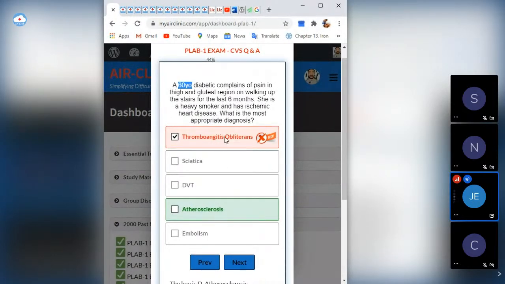So it implies that what she has is actually peripheral vascular disease.